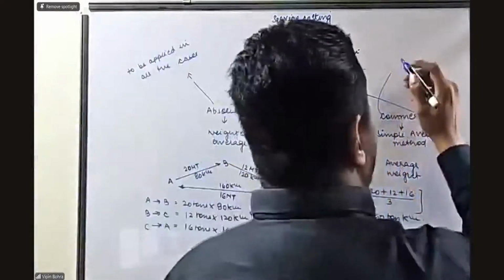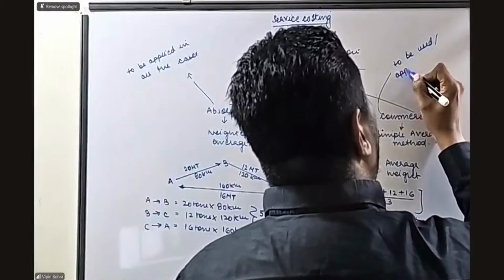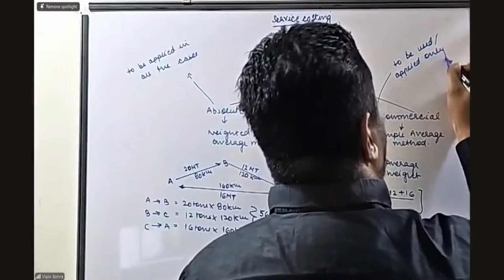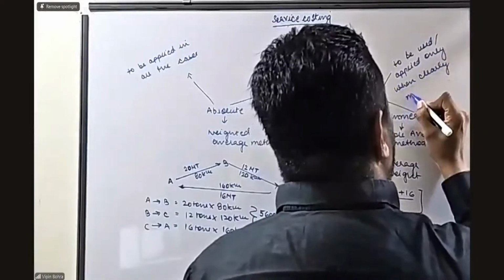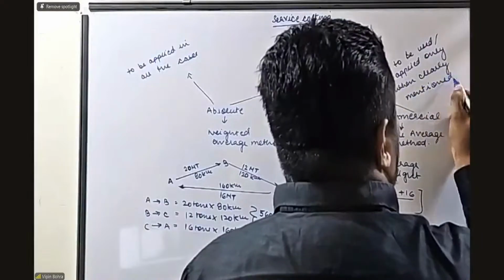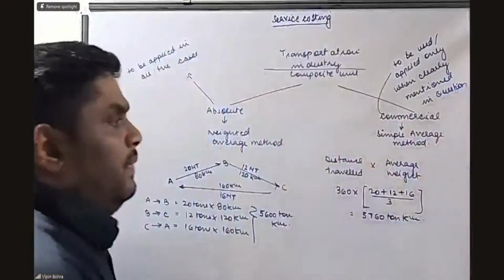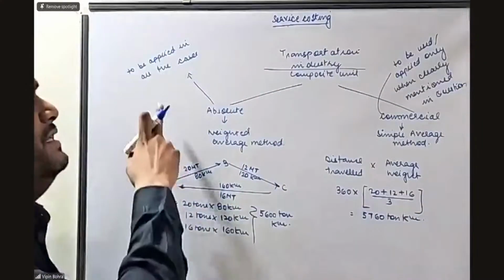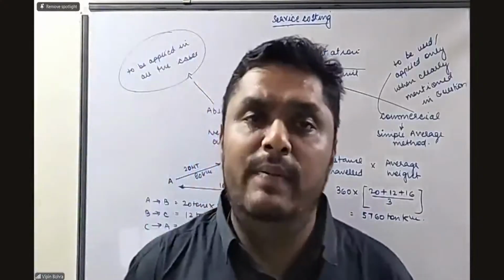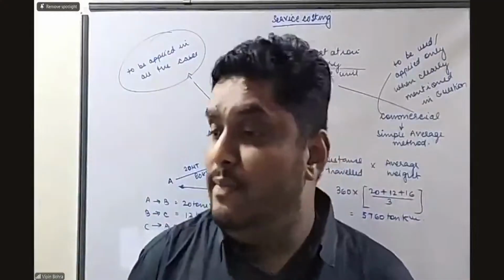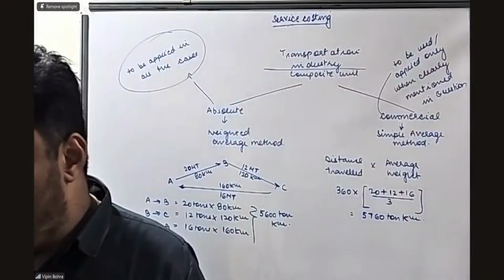The commercial method is to be used or applied only when clearly mentioned in the question. I request you guys to copy the solution along with the explanation.